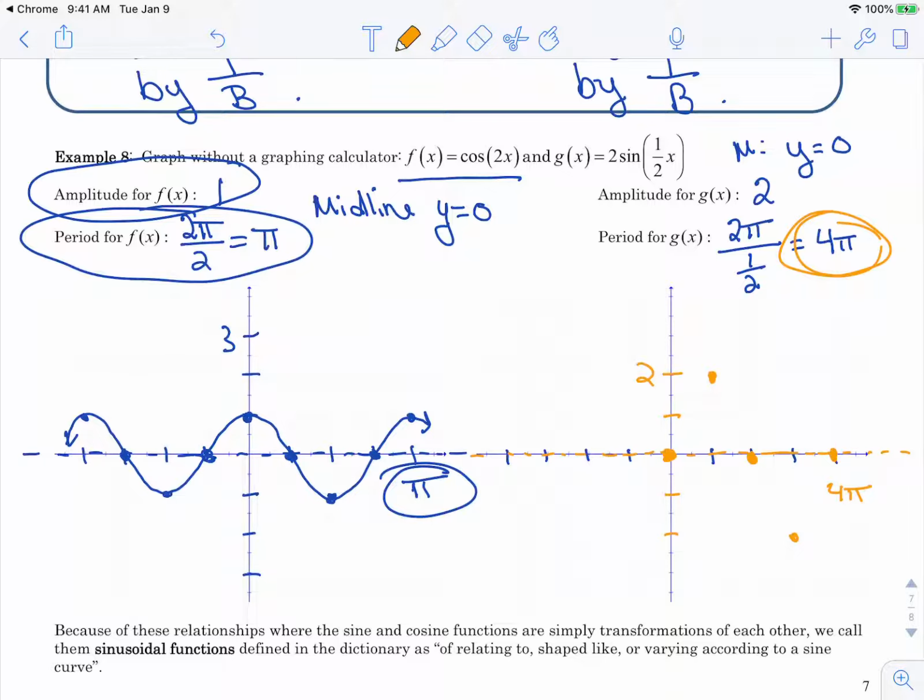Following the pattern on the other side, I'll have a low point, midline, high point, midline. And here you have your good old sine graph, and make sure they're curves and not points.